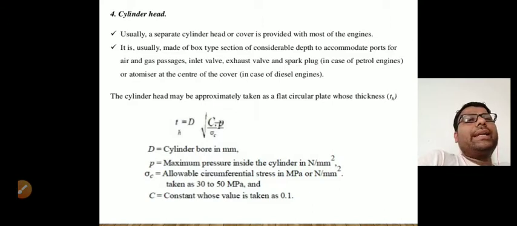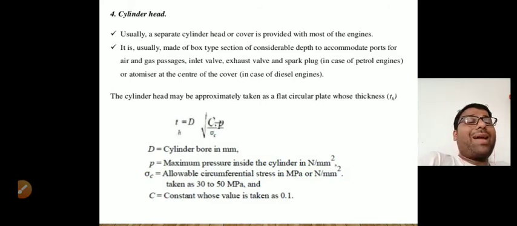Usually a separate cylinder head or cover is provided with most engines. It is usually made of a box type section of considerable depth to accommodate ports for air and gas passages, inlet valve, exhaust valve and spark plug, right? So the cylinder head may be approximately taken as a flat circular plate whose thickness TH is equal to capital D under root CP divided by sigma C, where sigma C is the allowable circumferential stress which can be found in the first section.